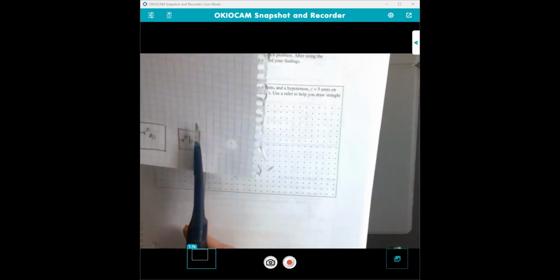Then I wanted to show you here. I did it on grid paper because this is easier to draw and cut fast. So I'm going to cut it, and you can do this at home too.